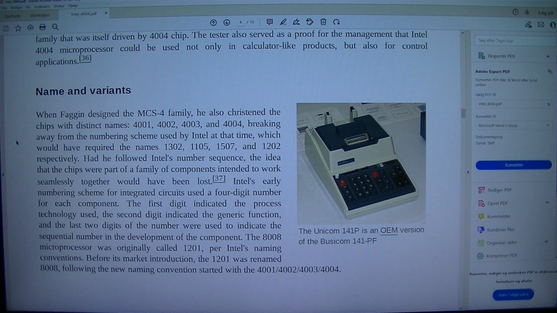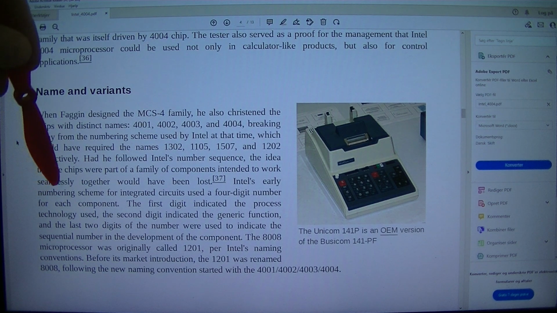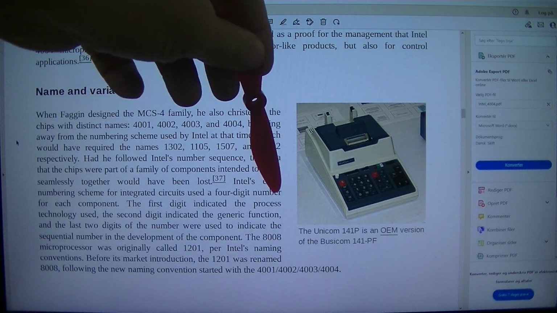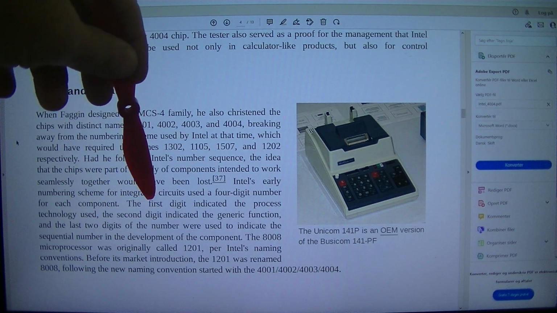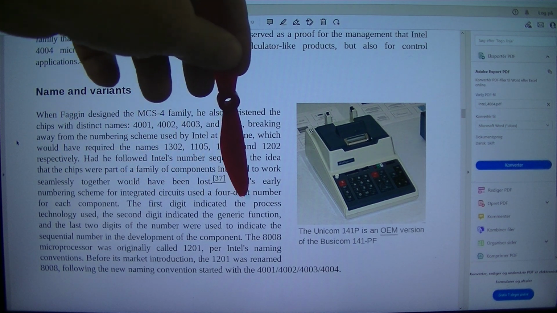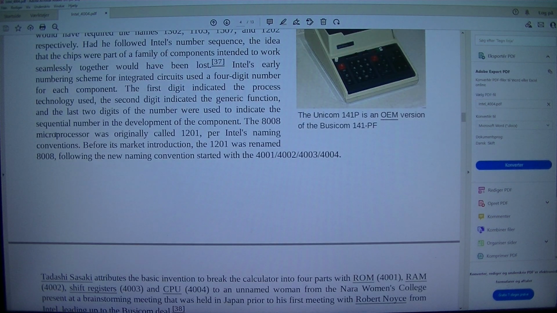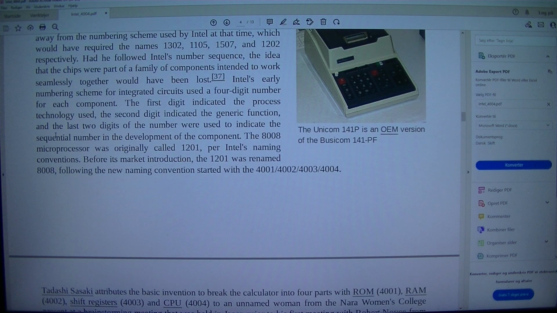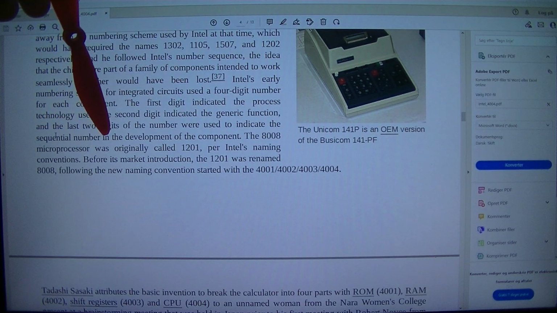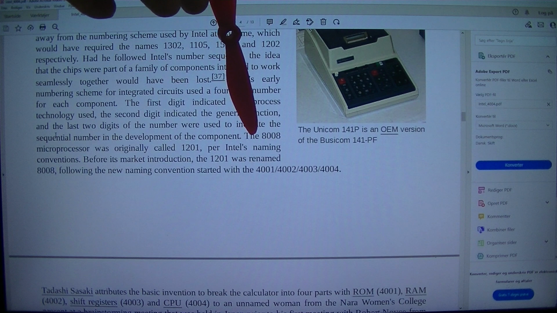37. Intel's early numbering scheme for integrated circuits used a 4-digit number for each component. The first digit indicated the process technology used, the second digit indicated the generic function, and the last 2 digits of the number were used to indicate the sequential number in the development of the component.